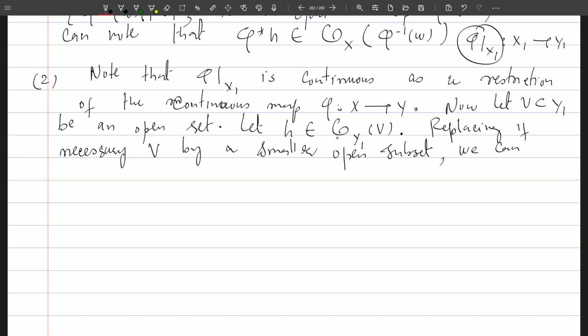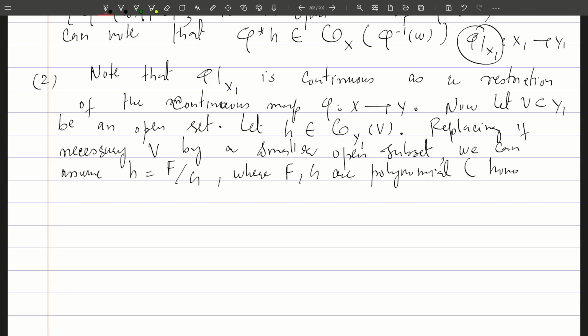So we can assume h to be the quotient of polynomials, say f and g, where f and g are polynomials, and these polynomials are homogeneous of the same degree in case we are dealing with quasi projective varieties.